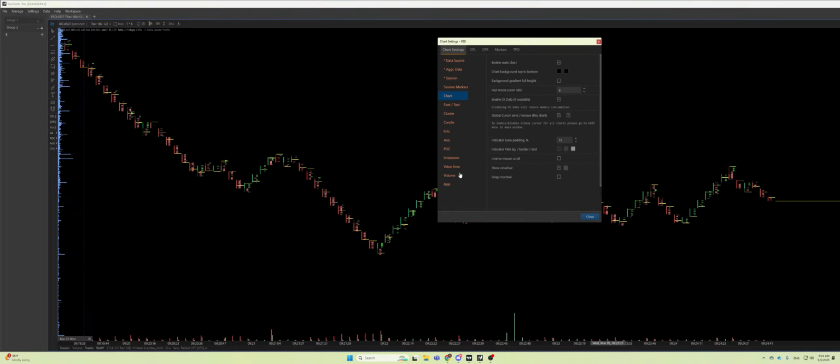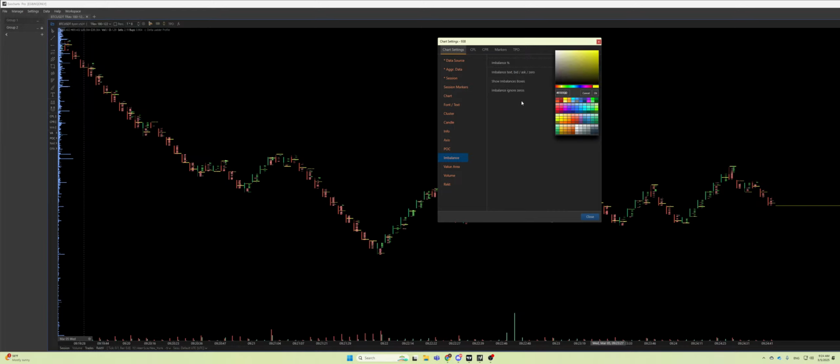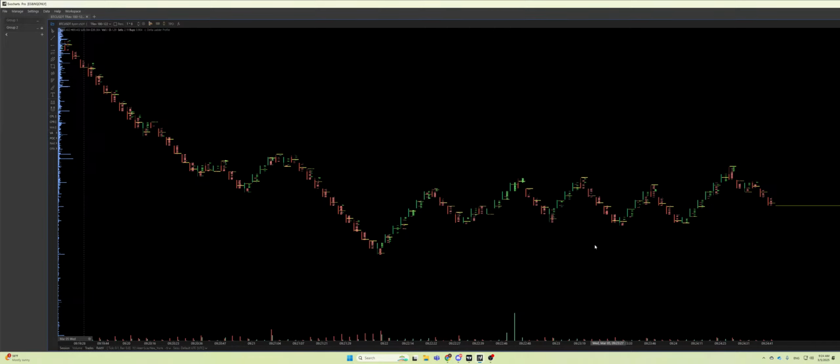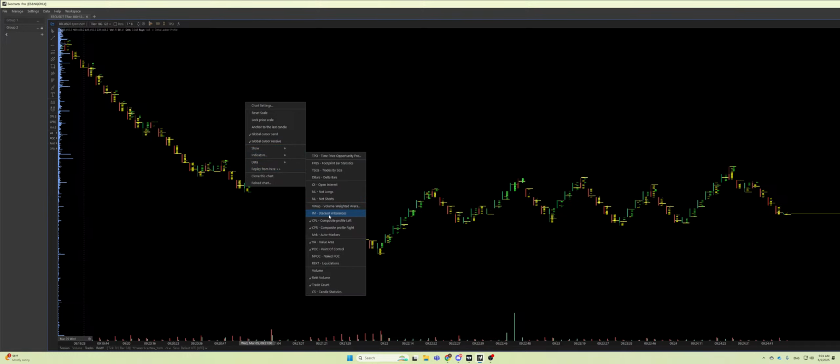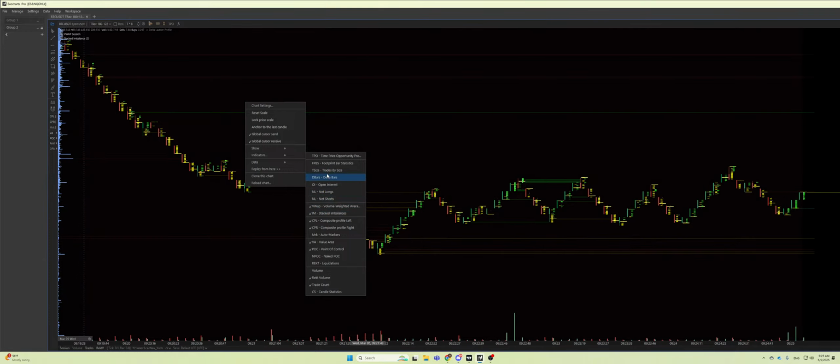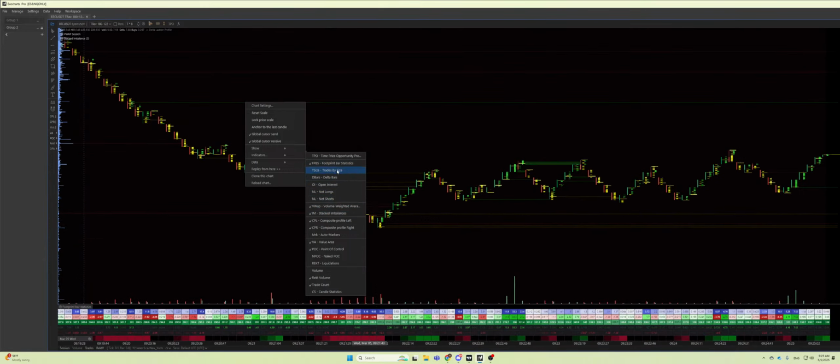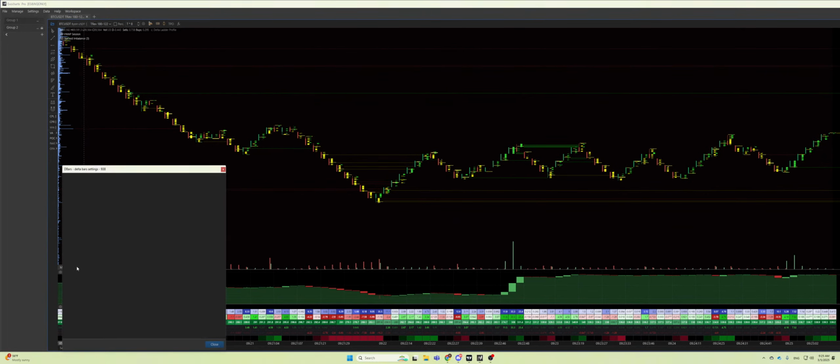Imbalances, chart settings, imbalance of 400%. I would like this to be yellow and this to be green, a little bit brighter. Let's put a stacked imbalance. Let's get a footprint. Get a D bar, see if we can read CVD.